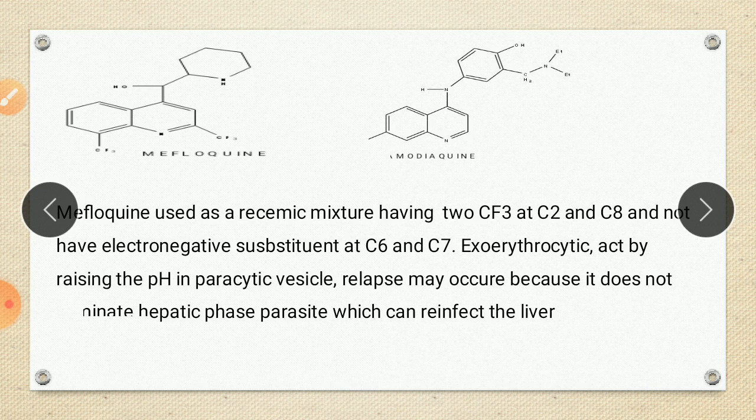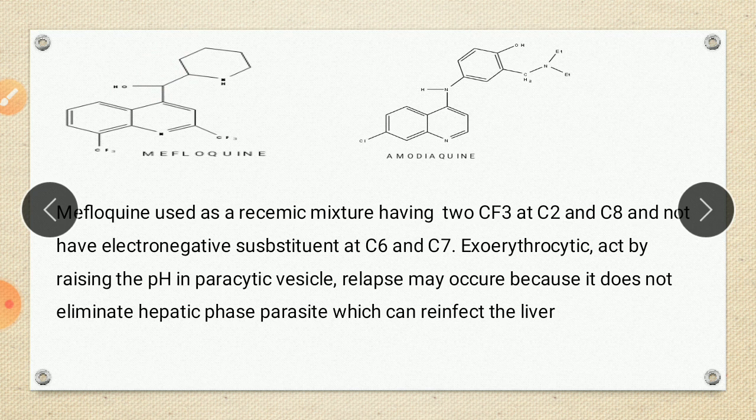Another example of this category is mefloquine and amodiaquine. In this structure there is an NH, a nitrogen is here. Let me make the correction here, there is a nitrogen in this structure.